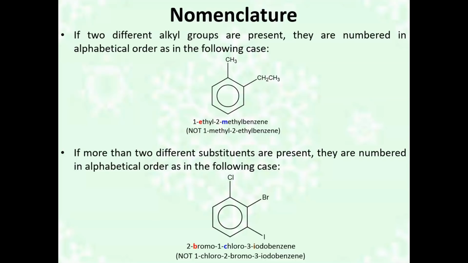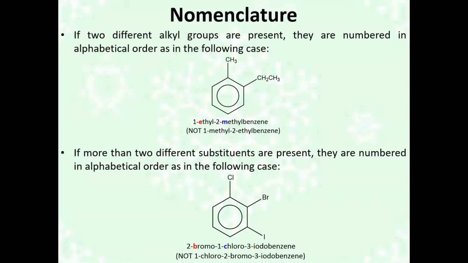And if more than two different substituents are present, they are numbered in alphabetical order. In this example, we have chlorine, bromine, and iodine as the substituents. Either we turn this way around or this way around, so we need to confirm Cl and I order first, because bromine is definitely in the middle.